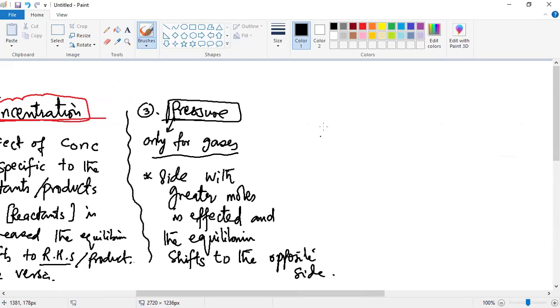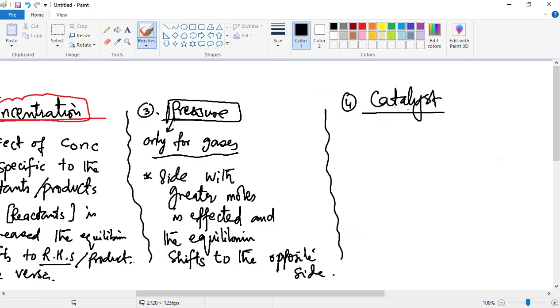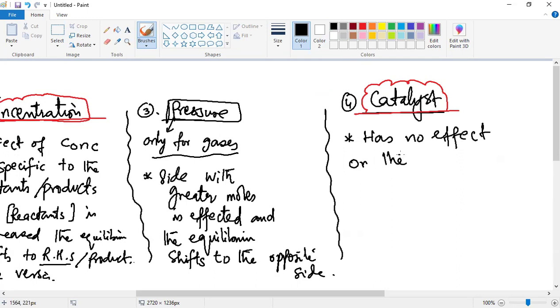The fourth factor is catalyst, and that hardly affects the equilibrium. You should remember that a catalyst does not affect the equilibrium because, in fact, a catalyst increases the rate of both directions, forward and backward, equally. So catalyst has no effect on the position of equilibrium. It's only in the presence of a catalyst that the rate of reaction becomes faster.